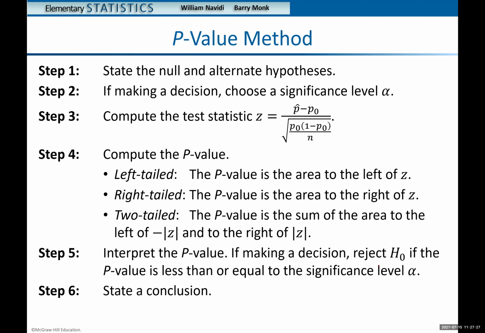And just to remind you of the 6 steps: step 1, state your null and alternate hypothesis. Step 2, your level of significance alpha. Step 3, this time is z. When you use your graphing calculator, you will see z and the p-value, step 4. Then step 5 is the decision, where you compare your p-value and your alpha, and then of course step 6, state the conclusion. So these are the 6 steps.